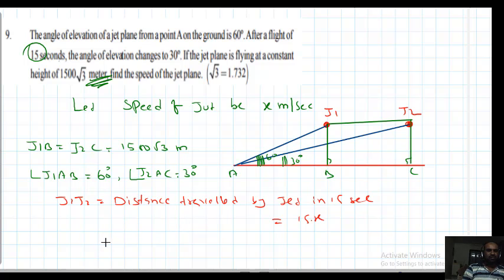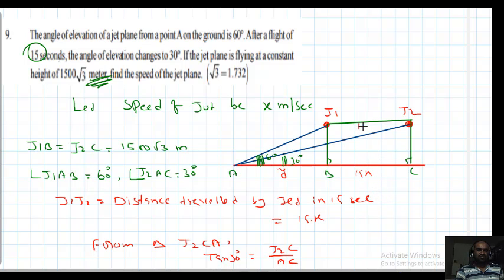Now I want to complete the problem. From triangle J2CA, tan 30 degrees equals J2C by AC. This is not given, so let it be y, plus this 15x.